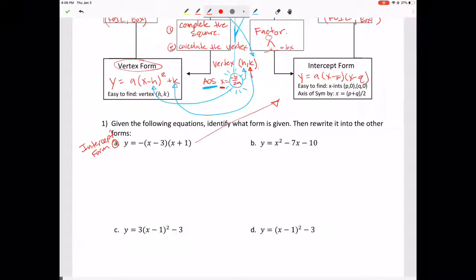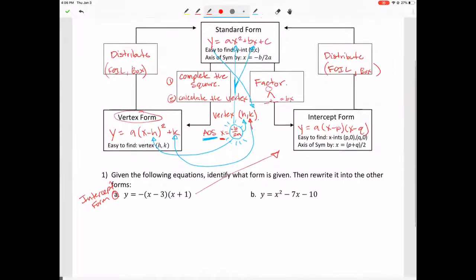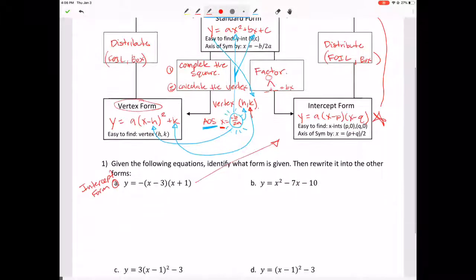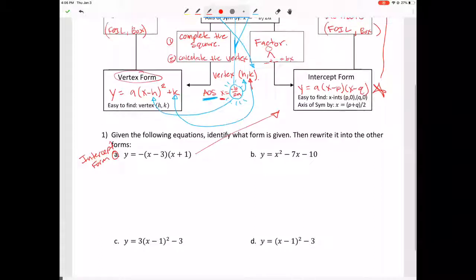All right, so here we have it in intercept form, and if we follow the flow chart, if you have it in intercept form, you follow the arrow, and now we can go to standard form. To get standard form, we distribute.